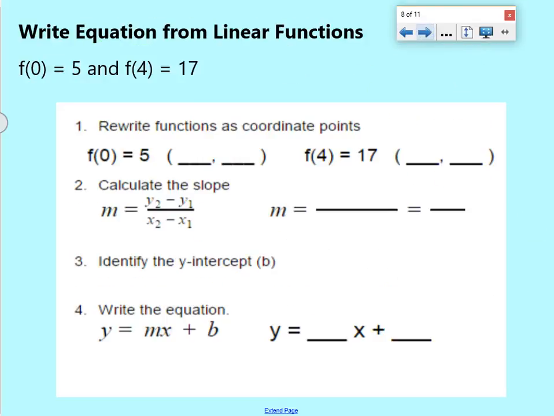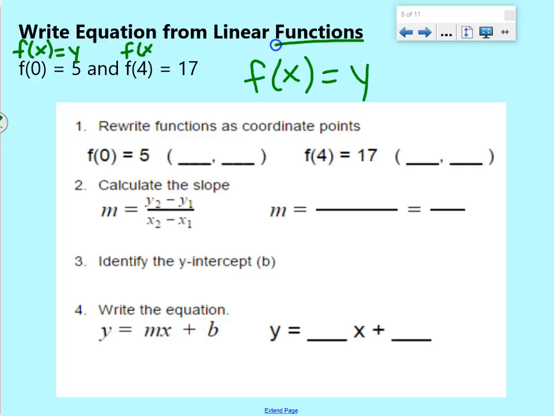Last example here, write an equation from linear functions. So that we're working with function form. F of x equals y. That's going to be a really big piece here. So if we write that over each of these 2 functions, f of x equals y, f of x equals y, we can then rewrite our functions as coordinate points, because then we get an x piece right there in the parentheses and our y piece after the equal sign.